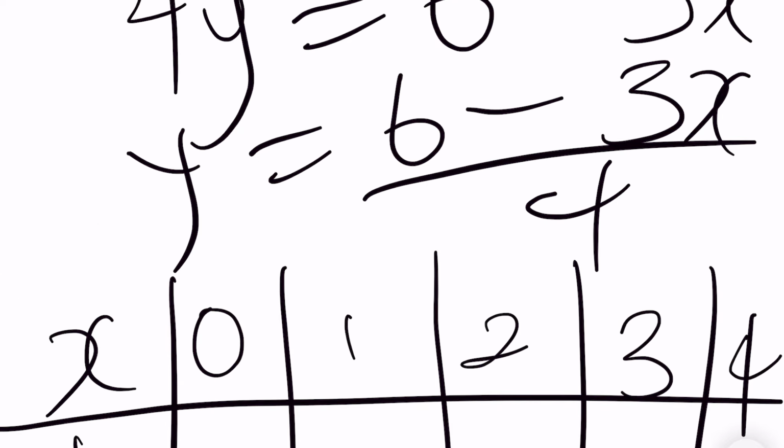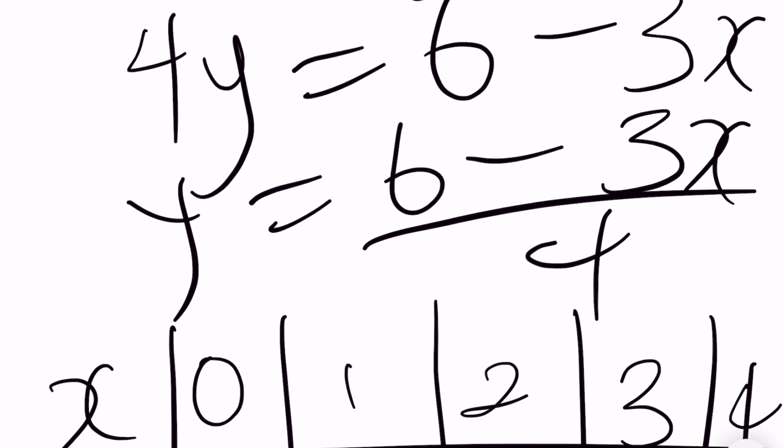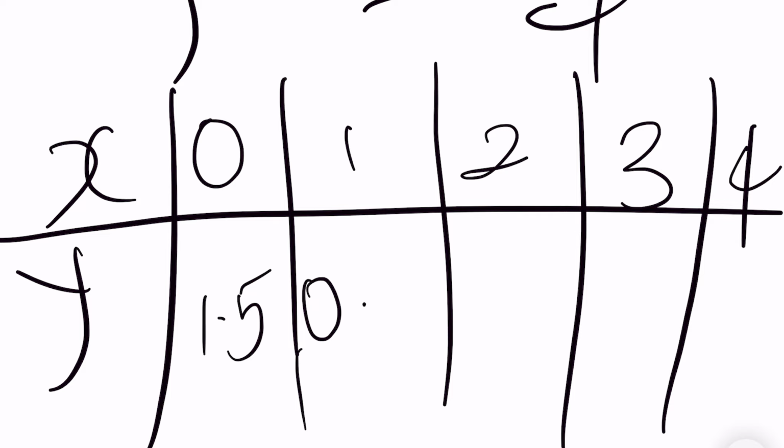Now when x is 0, we have 6 divided by 4, where we have 1.5. Where x is 1, 3 times 1 is 3. That's 3 over 4. Here we have it to be 0.75.